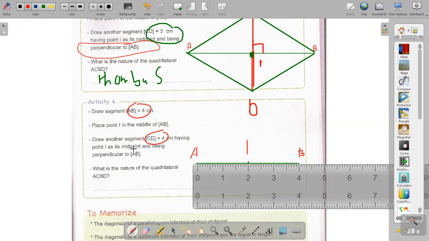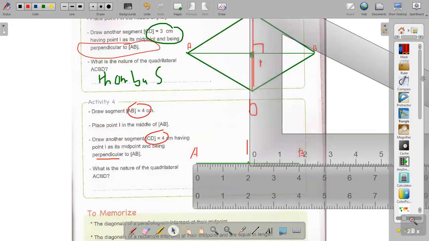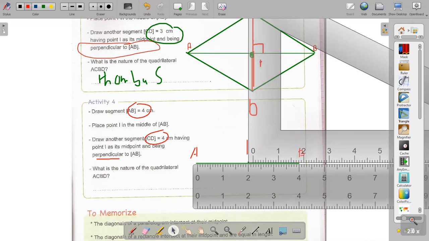I is the midpoint and perpendicular, all of them combined with all the properties. I will bring now a set square in order to draw a perpendicular line. This is the perpendicular. Let's bring another color, the green color or blue. This is the perpendicular line.